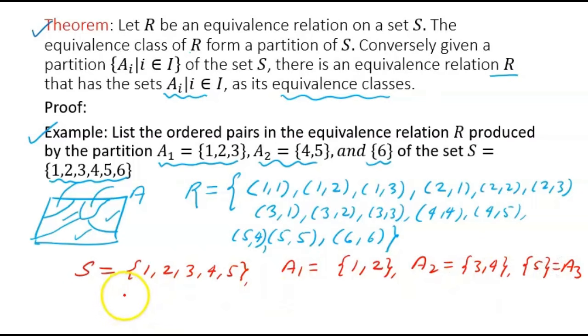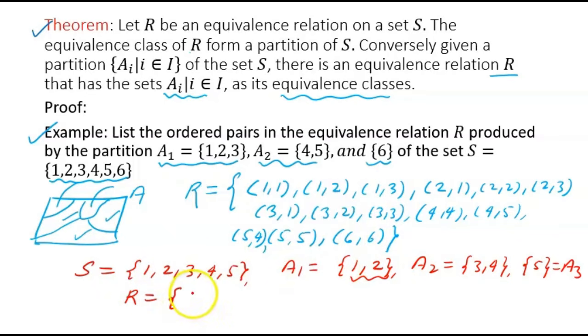So what will be the equivalence relation? If I have to write the equivalence relation, this partition will act as disjoint equivalence classes. A1, A2 and A3 will be the different classes of the equivalence relation, right?